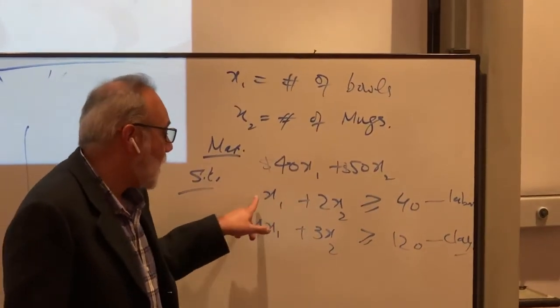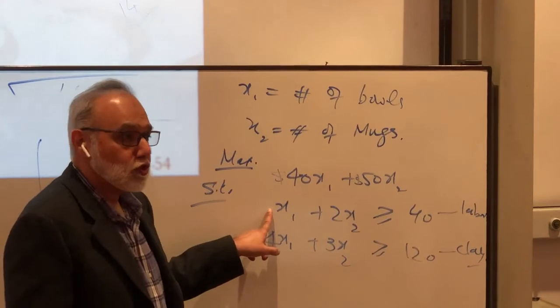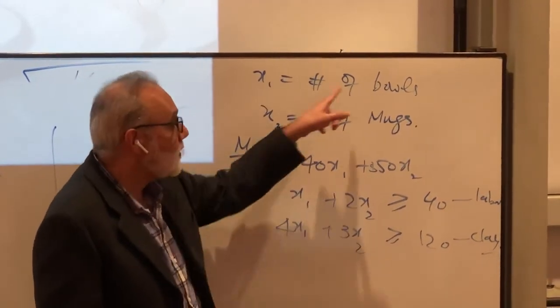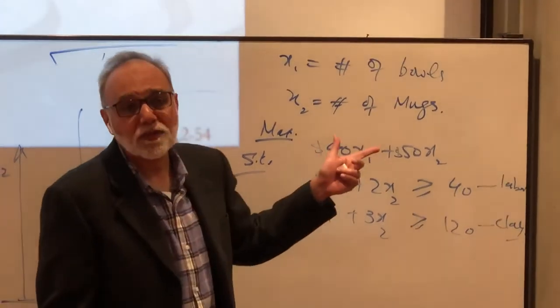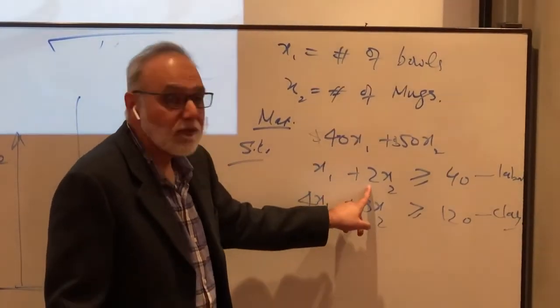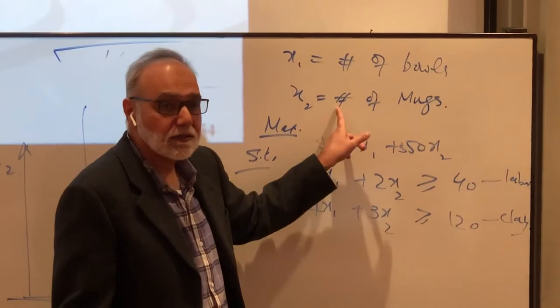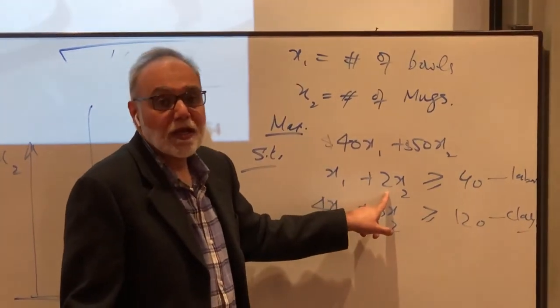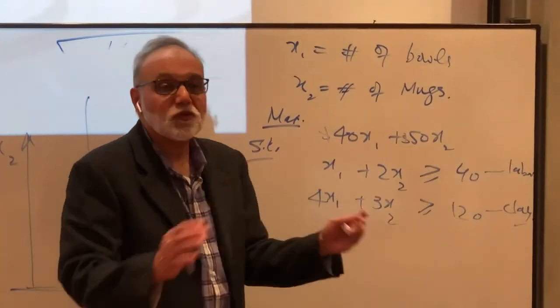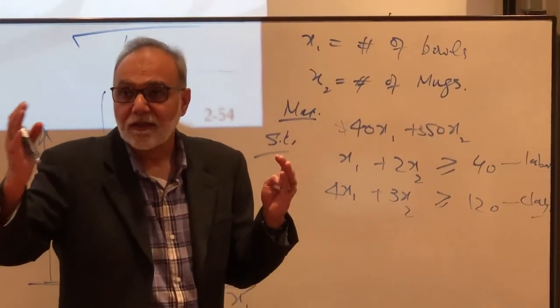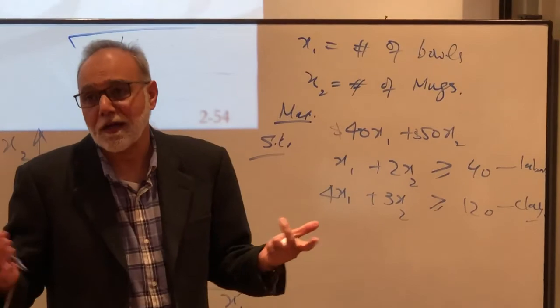If 1 hour of labor is used in making one bowl, then making 10 bowls uses 10 labor hours. Here 2 hours are used for making one mug. If we make 10 mugs, 20 hours of labor will be used. So this is proportionality. This is a function of linearity.